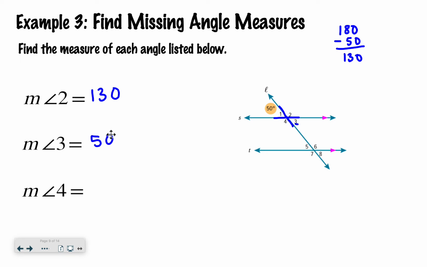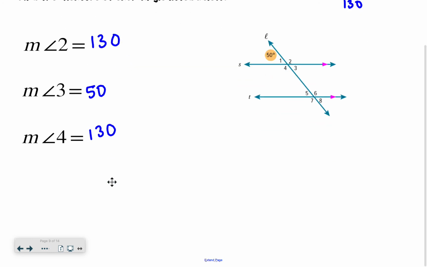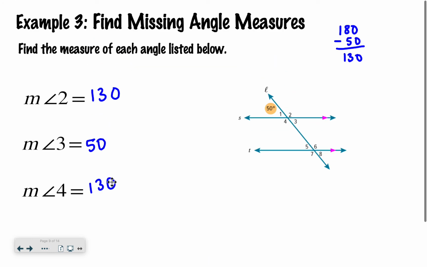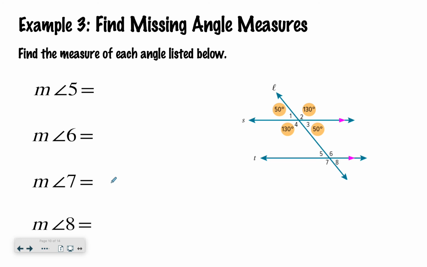Since angle 1 is 50, angle 3 is also 50. And then angle 4, again, is a vertical angle with angle 2, so I know that this would also be 130 degrees. Okay, so hopefully that doesn't seem too bad.